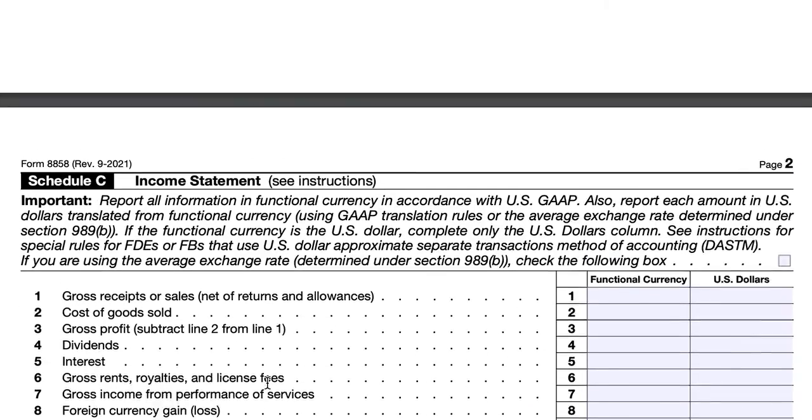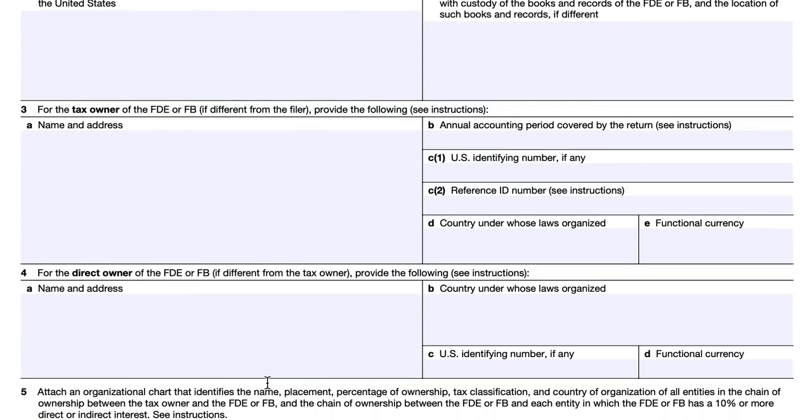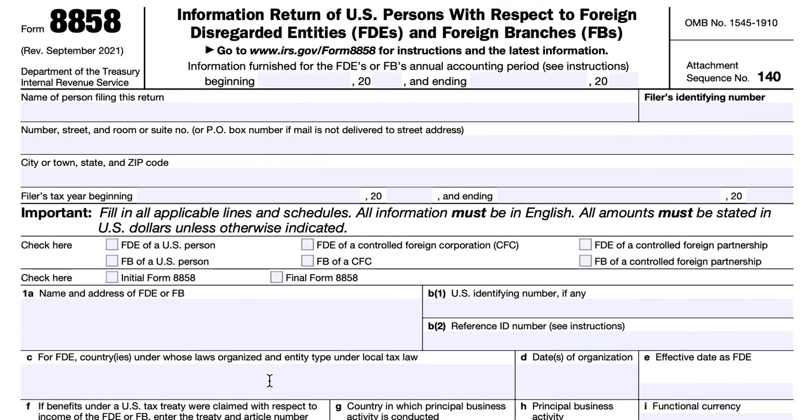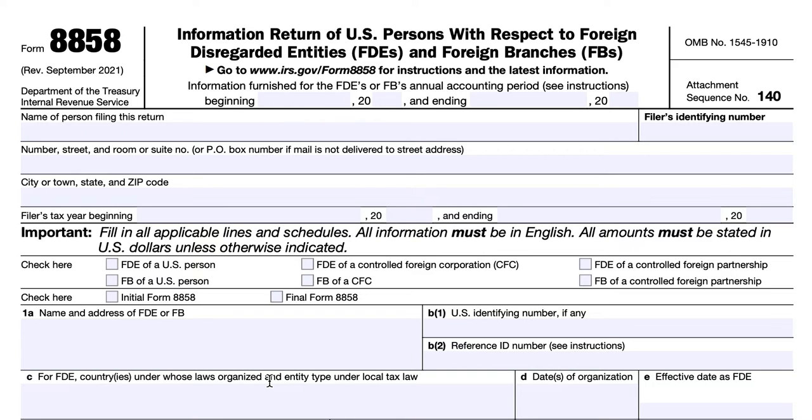So this is all information reporting. However, Schedule M is a separate form, a separate document, and we won't cover it in this video. So, a person that is a tax owner at any point during the tax year: a U.S. person that either directly or indirectly is a tax owner of an FDE or operates an FB.